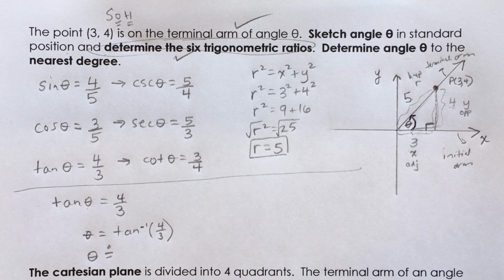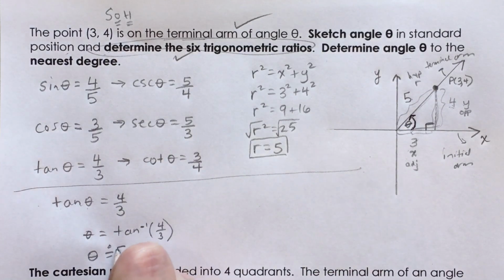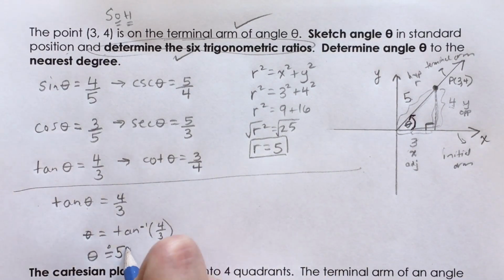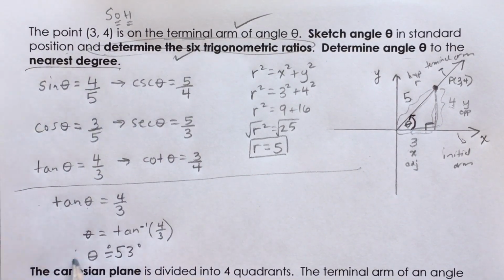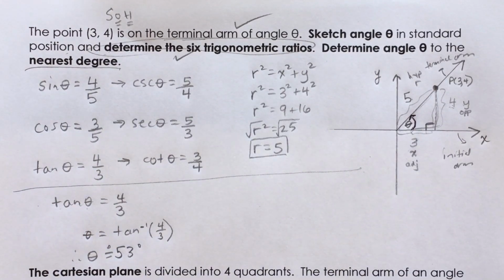And either you're going to press second tan 4 over 3 equals, or 4 over 3 second tan equals. And you should get 53.1, so approximately 53 degrees to the nearest degree. So we did that. Now we've answered all of the questions.